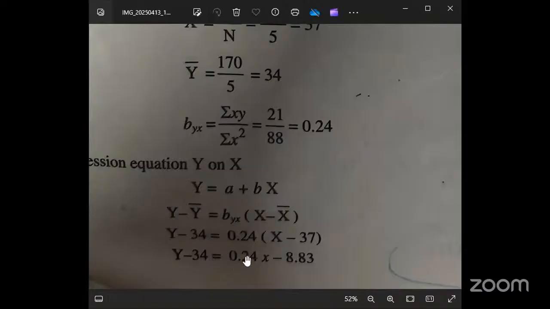So the a value is 8.83, the b value we got as b_yx, 0.24, and what is x? So this is a regression equation y on x. We'll see one more problem where we'll have two equations, that is x on y and y on x.